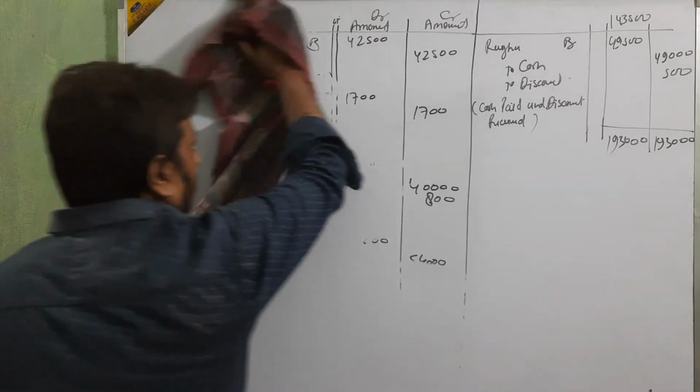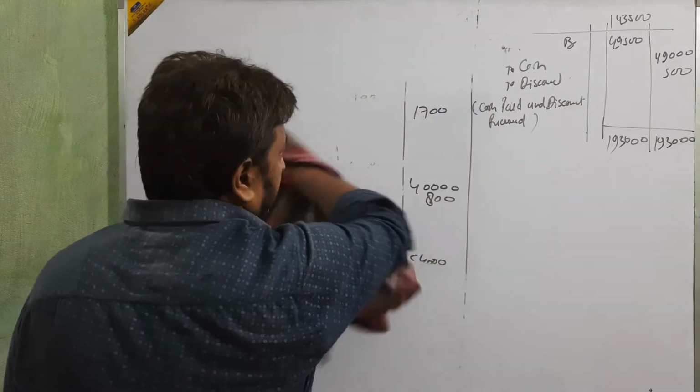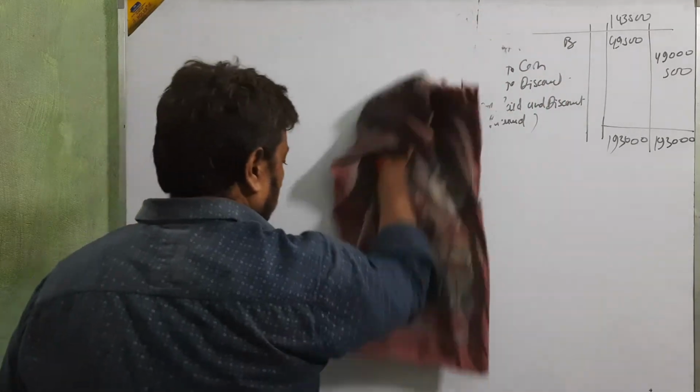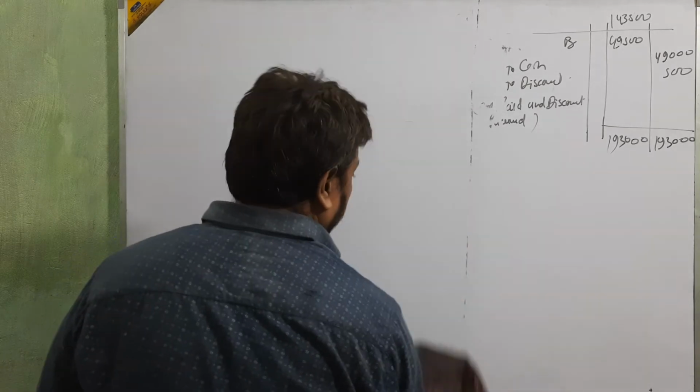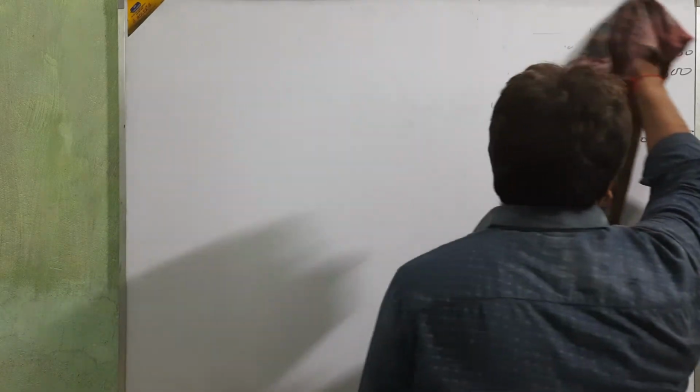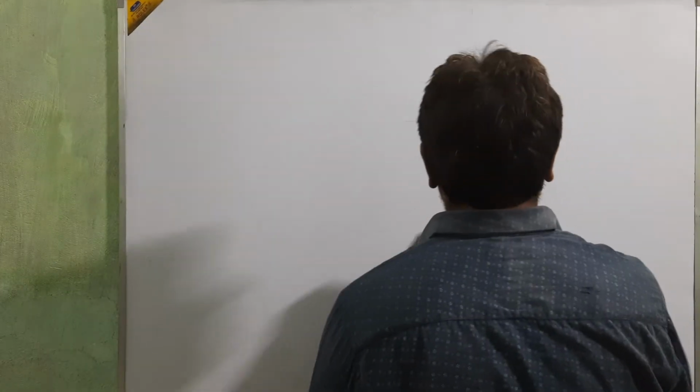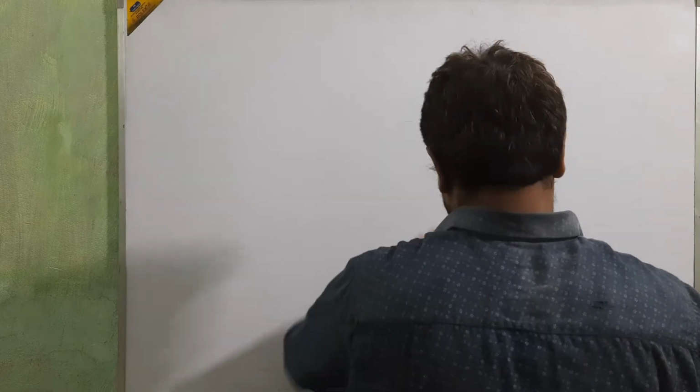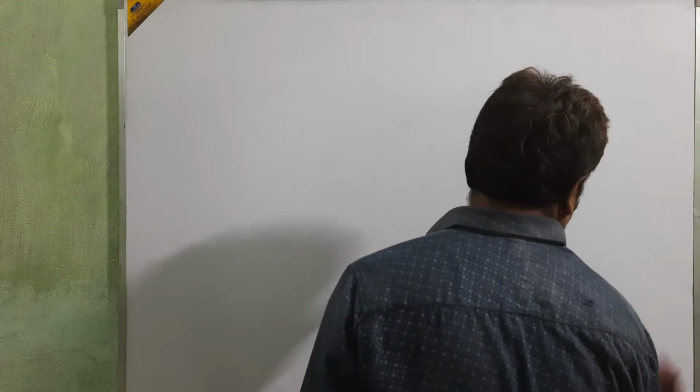When we sell with trade discount or on the basis of list price, how do we make the entries or transactions in the book of original entry, the journal? In the next question we are going to see that.